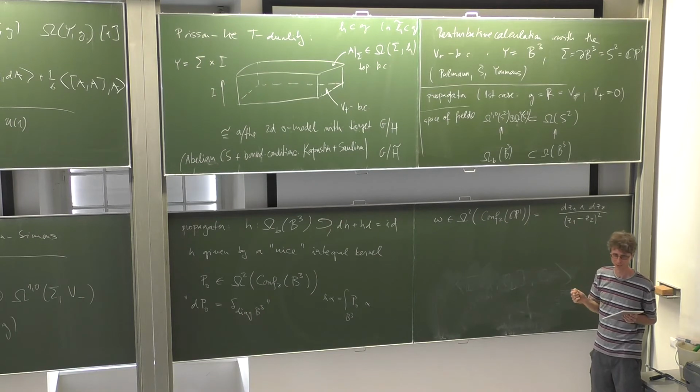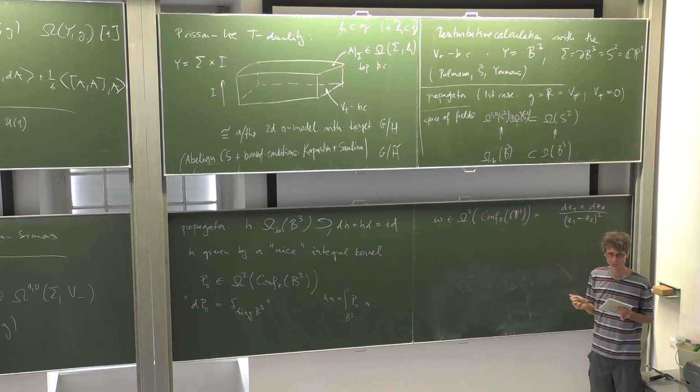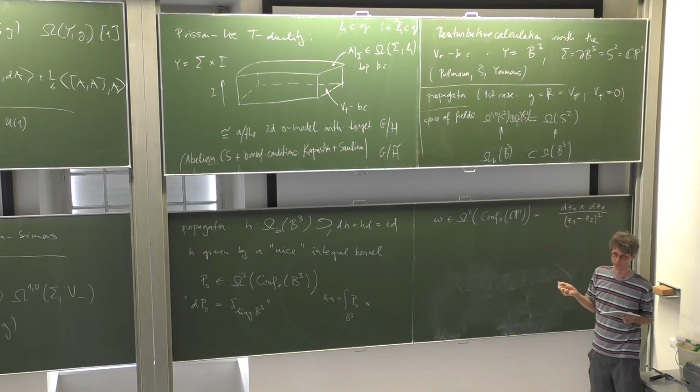Once again, I can give you this nice exercise: find a direct definition that doesn't use any coordinates and show in that way that this form is actually SL2C invariant. It's written in coordinates, but it's actually something completely natural.